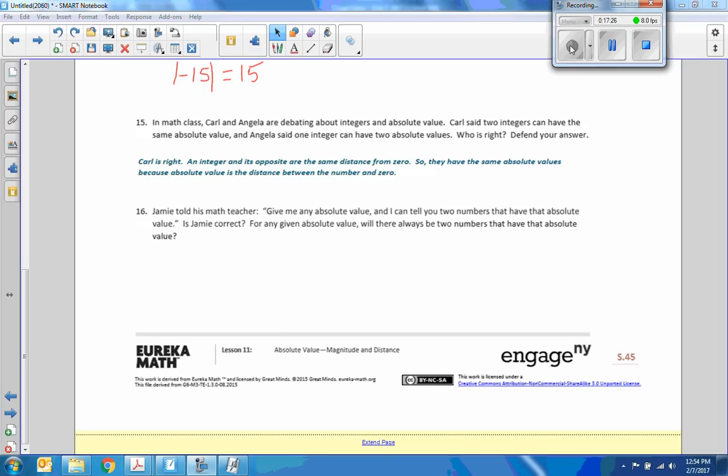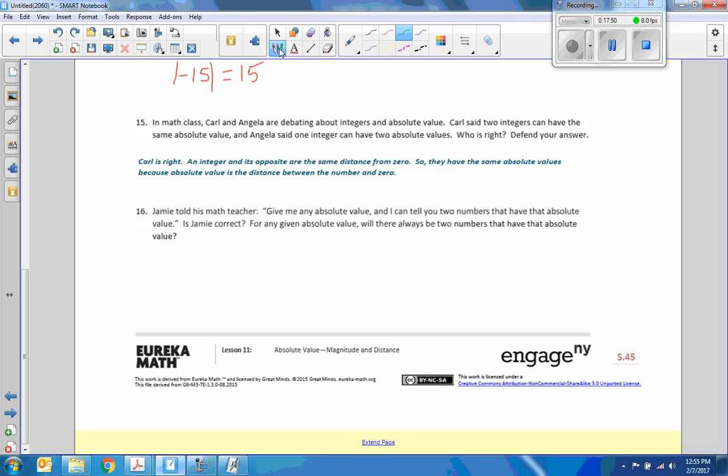Okay, and number 16. Jamie told his math teacher, give me an absolute value and I can tell you 2 numbers that have the same absolute value. Is Jamie correct? For any given absolute value, will there always be 2 numbers that have that absolute value? The answer to this is no. Jamie is not correct because 0 is its own opposite.